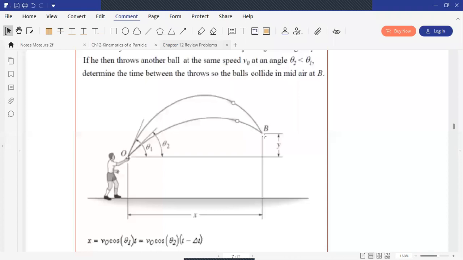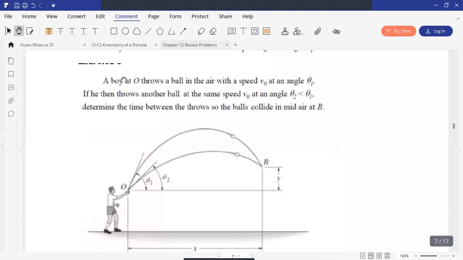Okay? And what we know about the two particles is that they are launched with the same initial velocity, but at different angles, theta 1, theta 2, and at different times, because they said that first we launched A and then we launched B after.